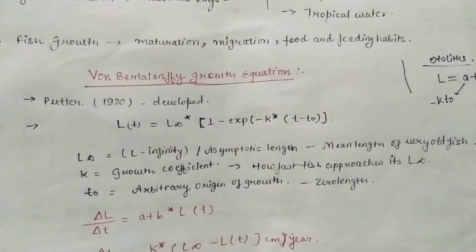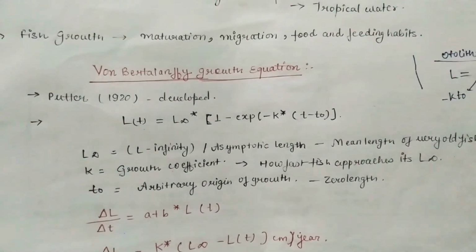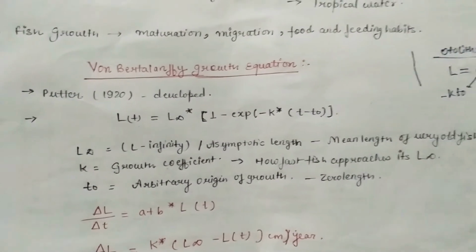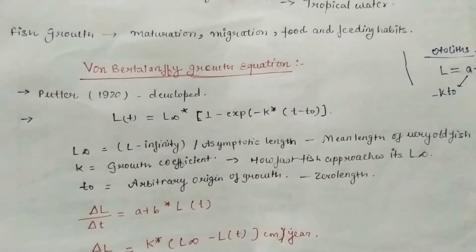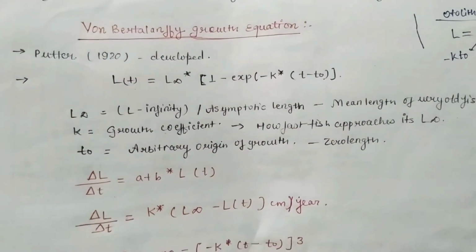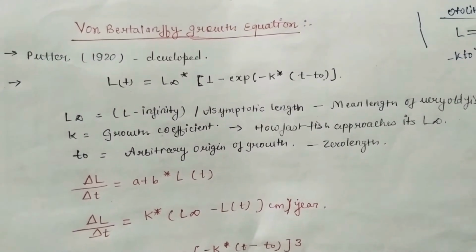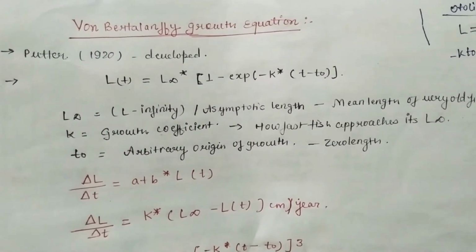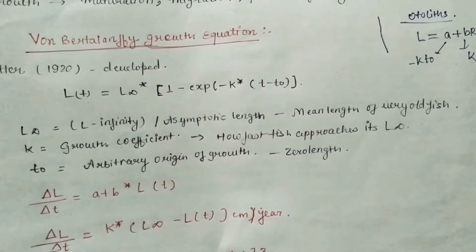This equation can be given as Lt equals L infinity, times 1 minus e to the power minus K times (t minus t naught).